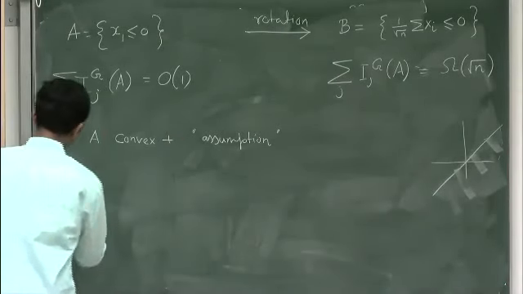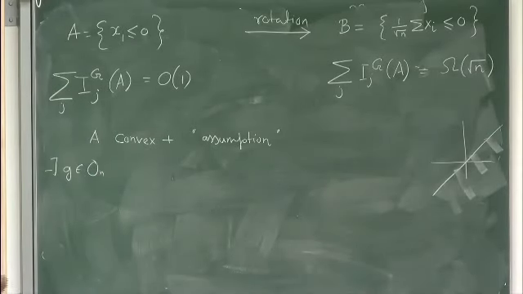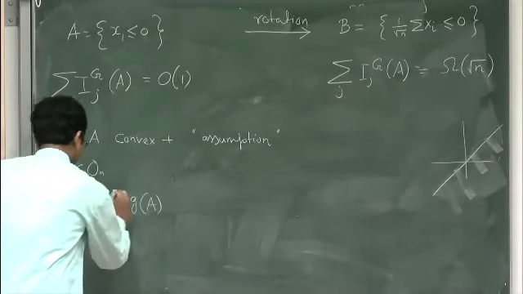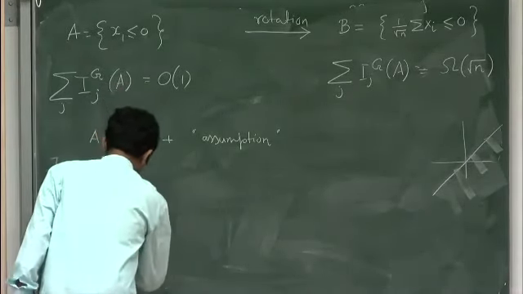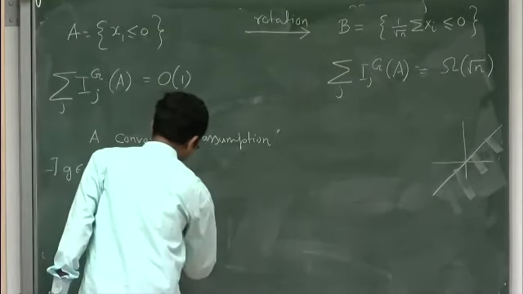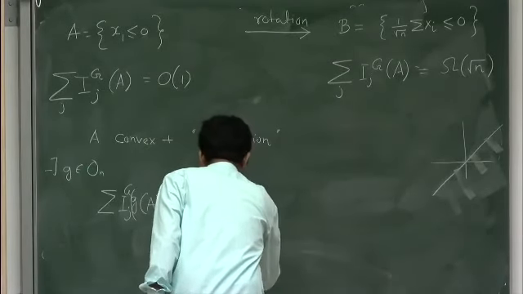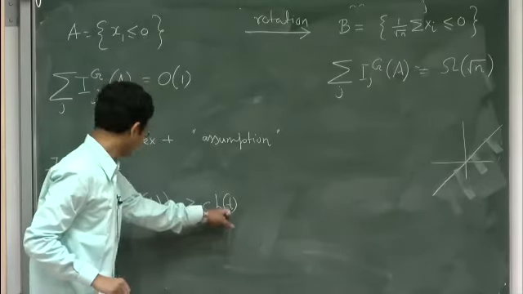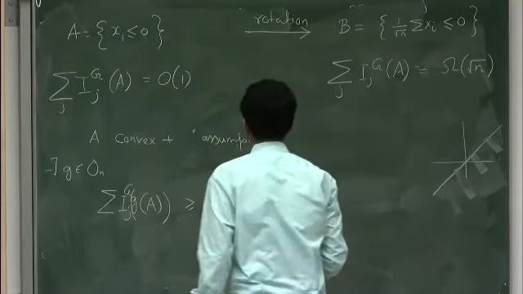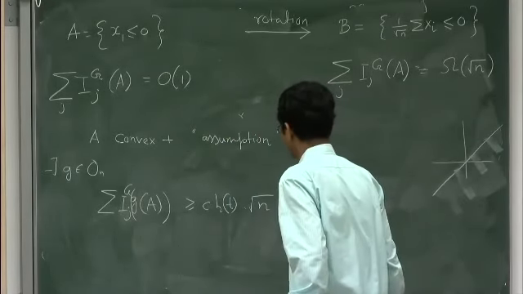Then we showed that there exists an element in the orthogonal group such that if we rotate the body A and compute the sum of its geometric influences, it is greater than or equal to some constant times h(t) times square root n, where h is the Gaussian isoperimetric function and t is the measure of the set A. We believe this assumption is actually not needed, but for technical reasons we need it in our proof.